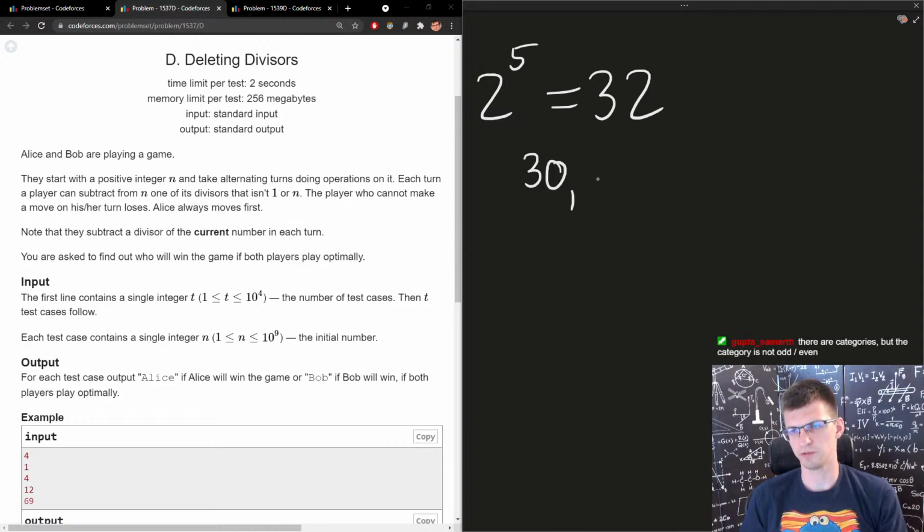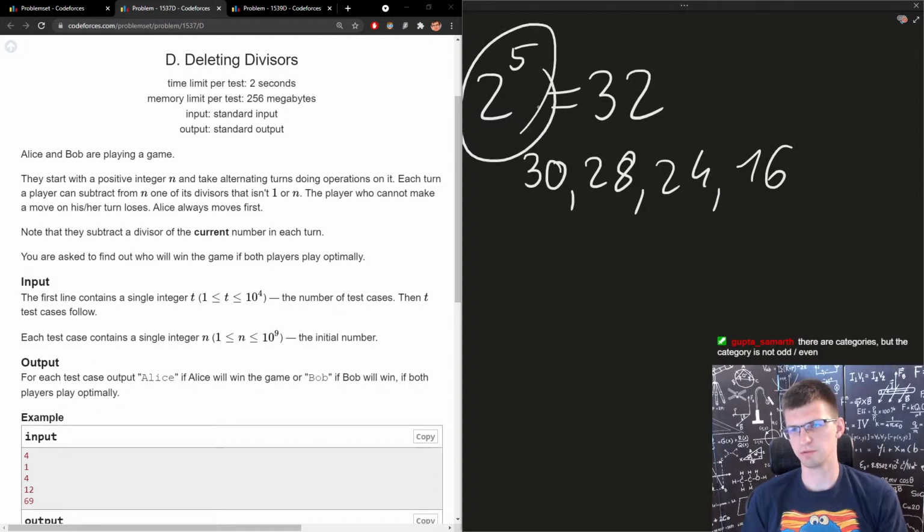So I can get to 30, 28, minus 8, 24, minus 16, 16. If this is losing, then this is winning. So there are no 2 consecutive powers of 2 that are losing. But I can't say anything more about this.